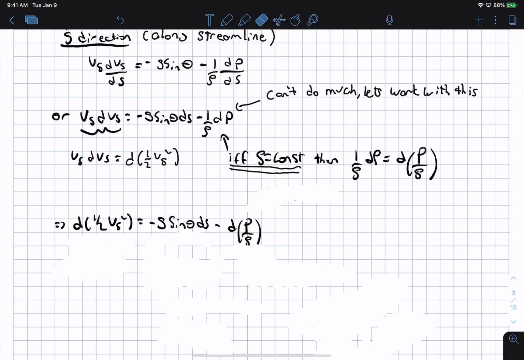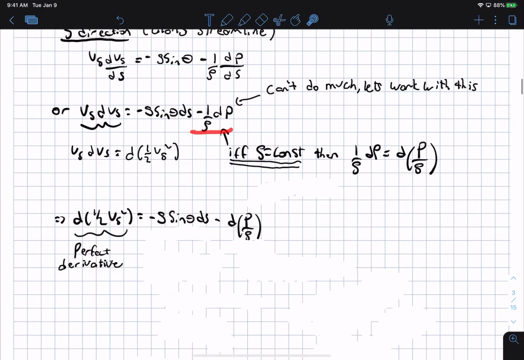What's nice here is we've turned this v dv term into a perfect derivative, and perfect derivatives are nice to work with. And we have turned this 1 over rho dp term into, you guessed it, a perfect derivative, which again is nice to work with.